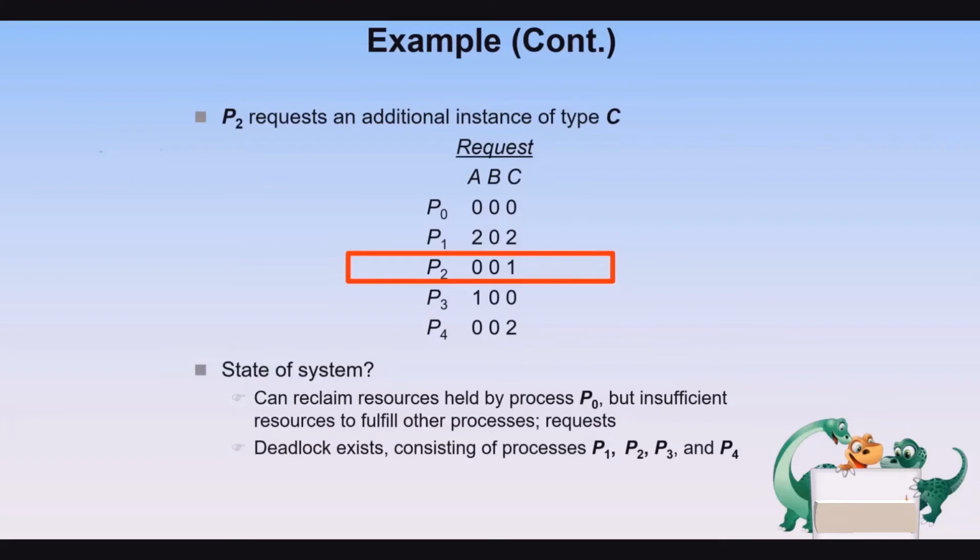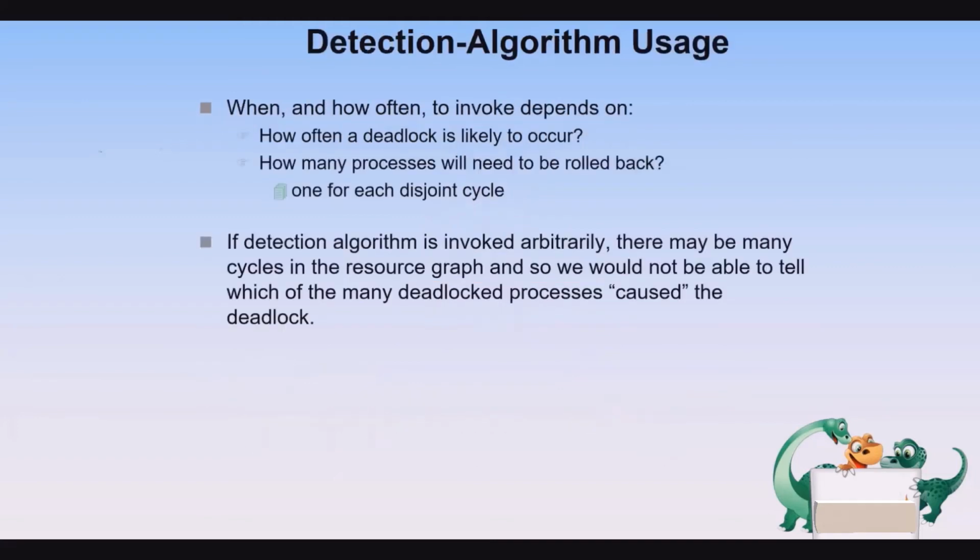We can reclaim resources held by P0, but there are insufficient resources to fulfill the other processes' requests. So a deadlock exists consisting of processes P1, P2, P3, and P4, because they are requesting resources. There are requests coming from P1, P2, P3, and P4, while P0 doesn't have any requests. So a deadlock exists consisting of processes P1, P2, P3, and P4.